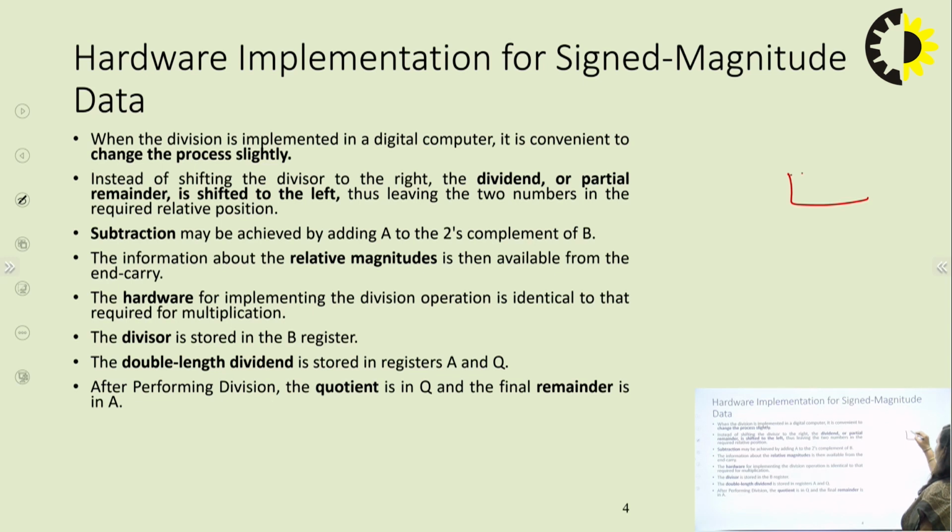The divisor is stored in the B register, and its sign bit is stored in BS.